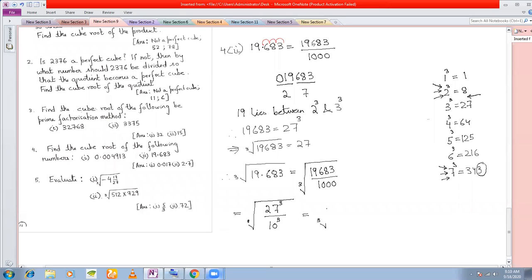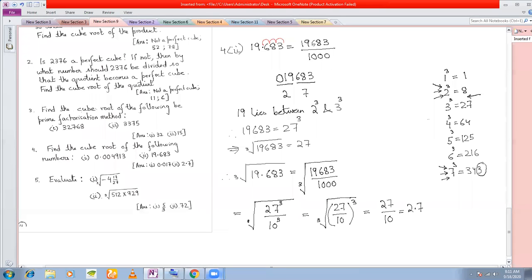So this becomes cube root of 27 by 10 whole cube. So now we have a cube and we have a cube root. So I can remove the radical sign. It simply becomes 27 by 10, which is equal to 2.7. Okay.